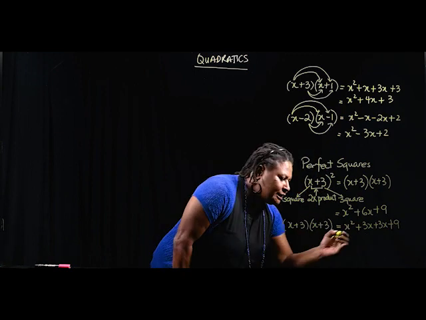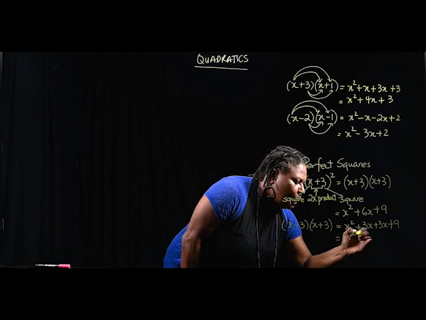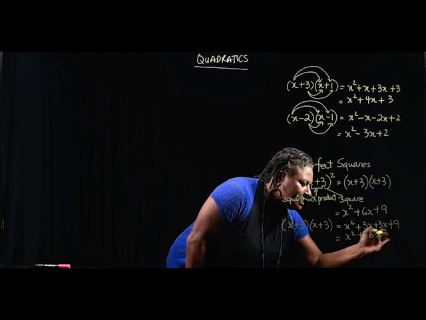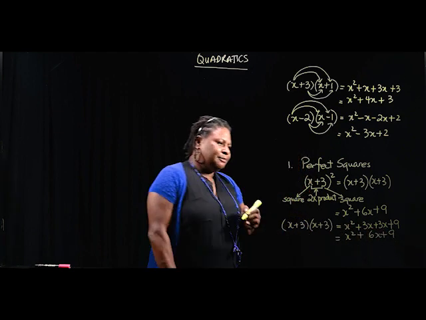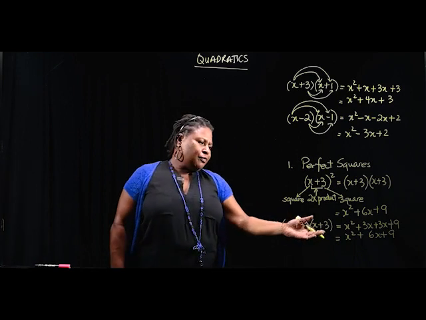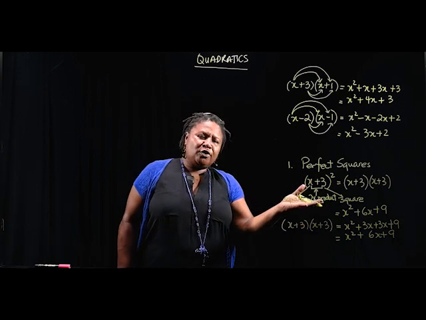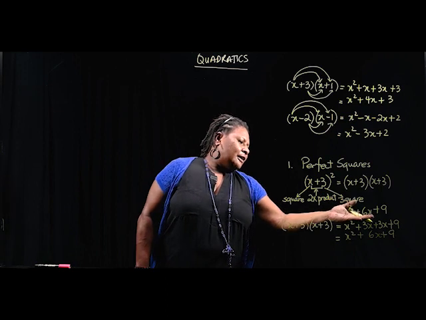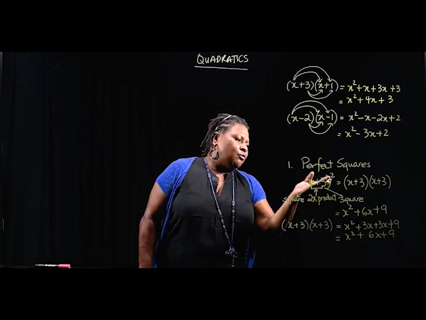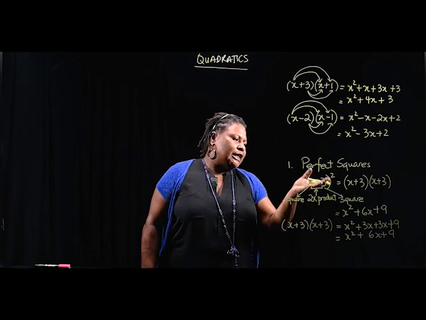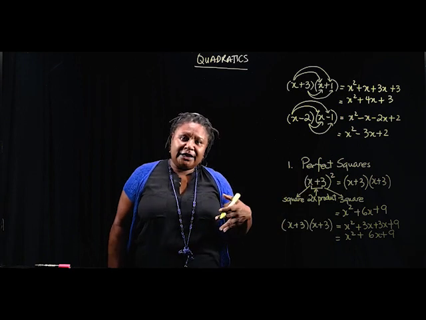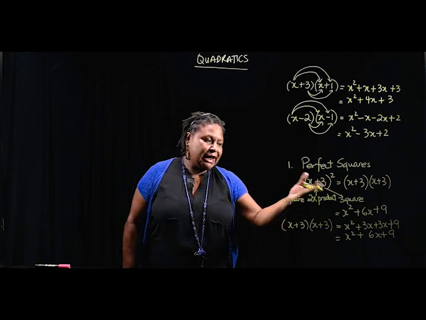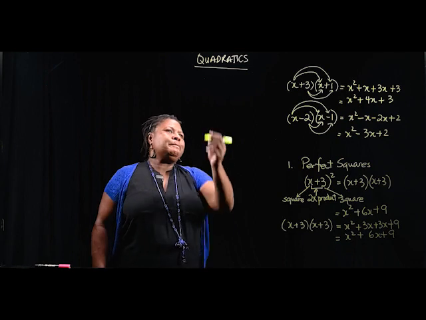Once you collect your like terms, you have x squared plus 6x plus 9. So you find the general rule applies here when one linear expression is multiplied by itself. Now, if they are negative, let's see what happens.